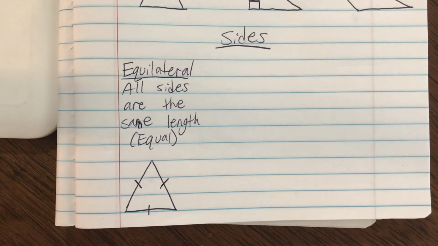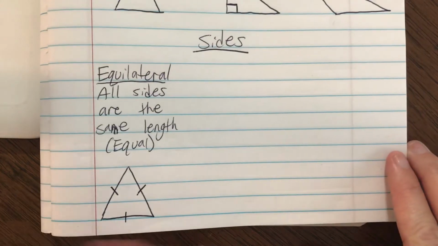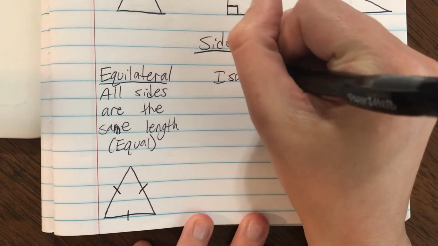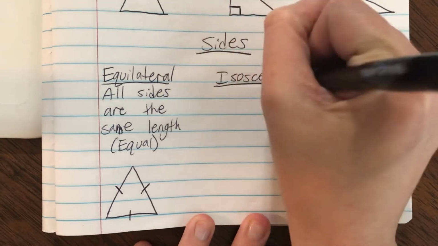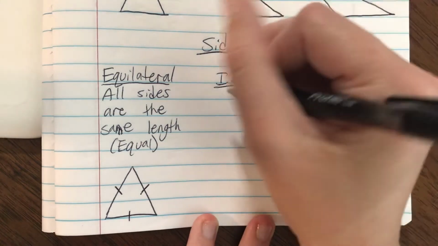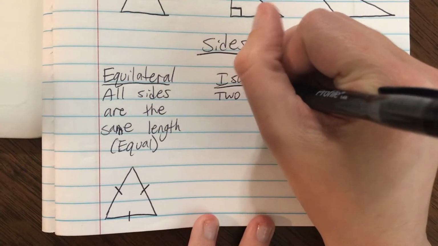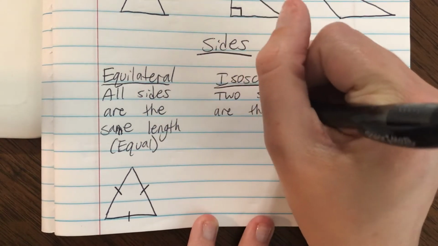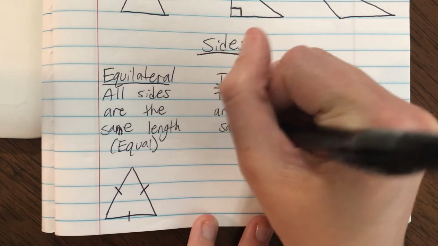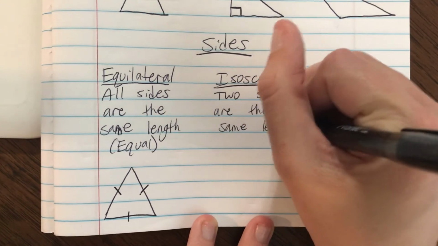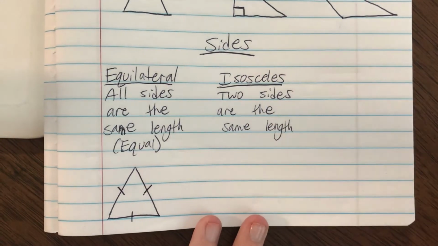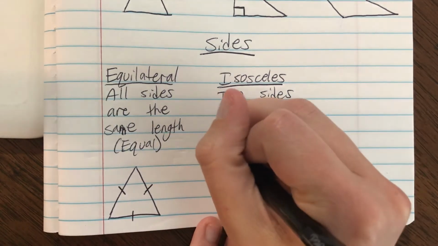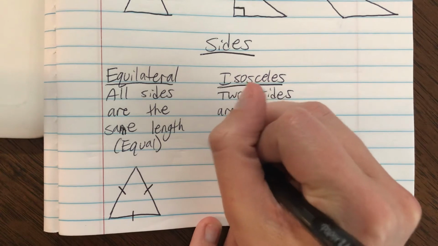Moving on to our next side triangle, it's going to be isosceles. With an isosceles triangle, two sides are the same length. One way to remember an isosceles triangle is to turn it into your eyes.